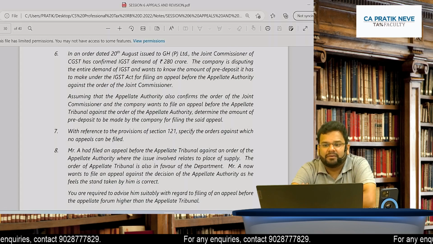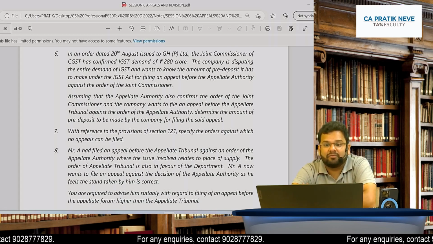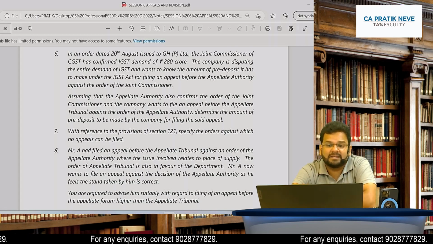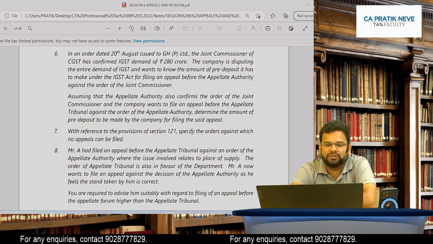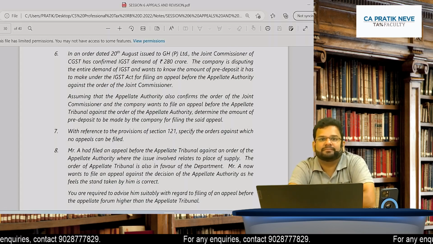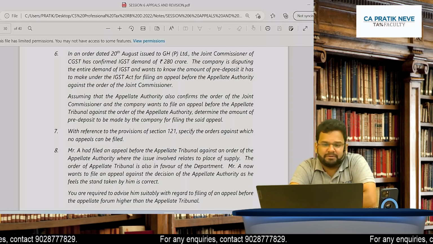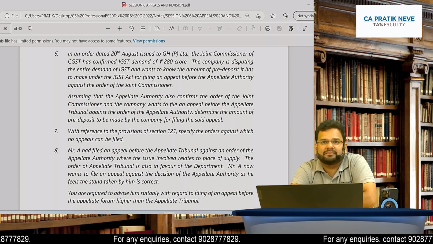The company is disputing the entire demand of IGST and wants to know the amount of pre-deposit it has to make under the IGST Act for filing an appeal before the appellate authority. So how much of 280 crores will they pay to the government as pre-deposit? Yes, 10%, 28 crores. Is 28 crores within the limit?